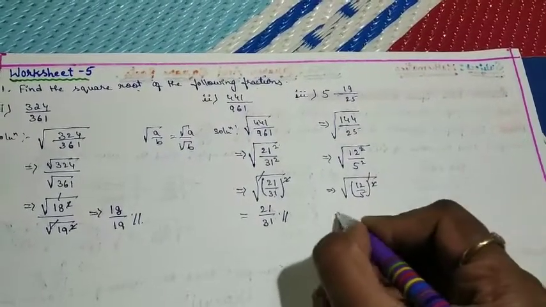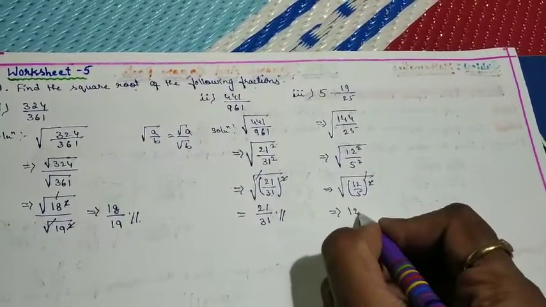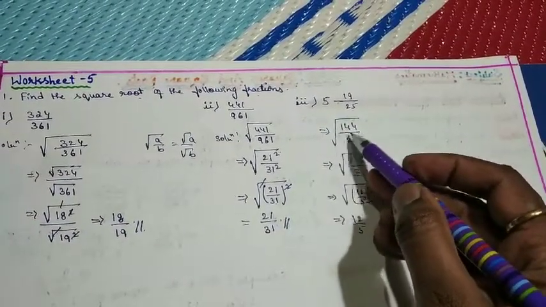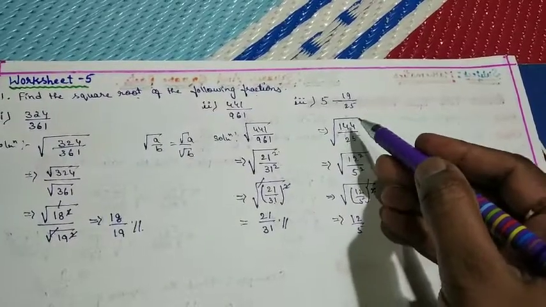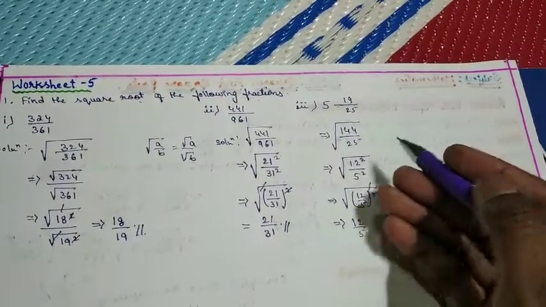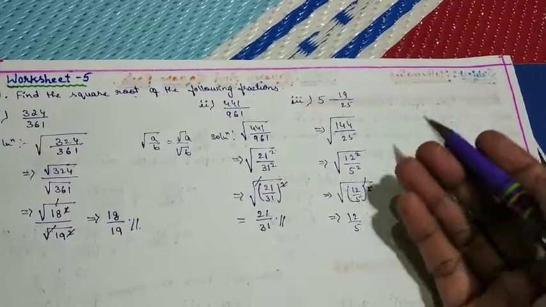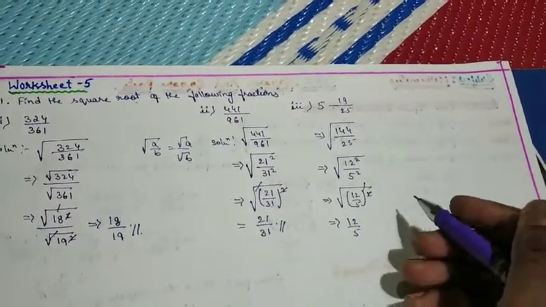Square and square root get cancelled, and the answer is 12 by 5. In case you do not know which numbers are perfect squares, you can find them out by using the long division method, repeated subtraction method or prime factorization method.